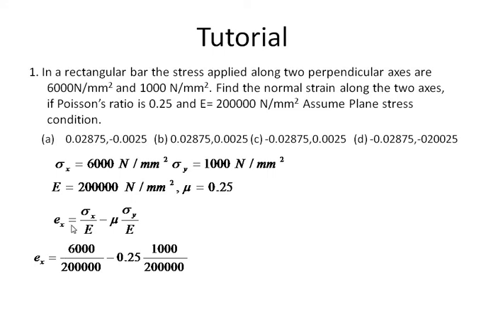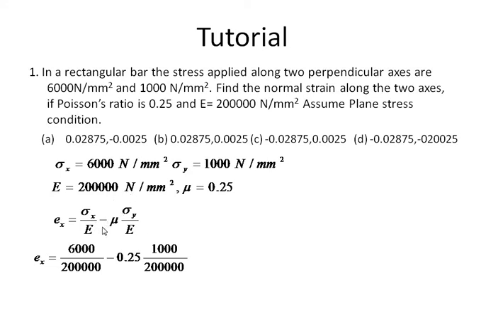So this is the relation for Ex. This term sigma x by E minus mu into sigma y by E, we all know that sigma x by E is the linear strain component and this is the lateral strain component, or we can call it the longitudinal strain and the lateral strain component, right?